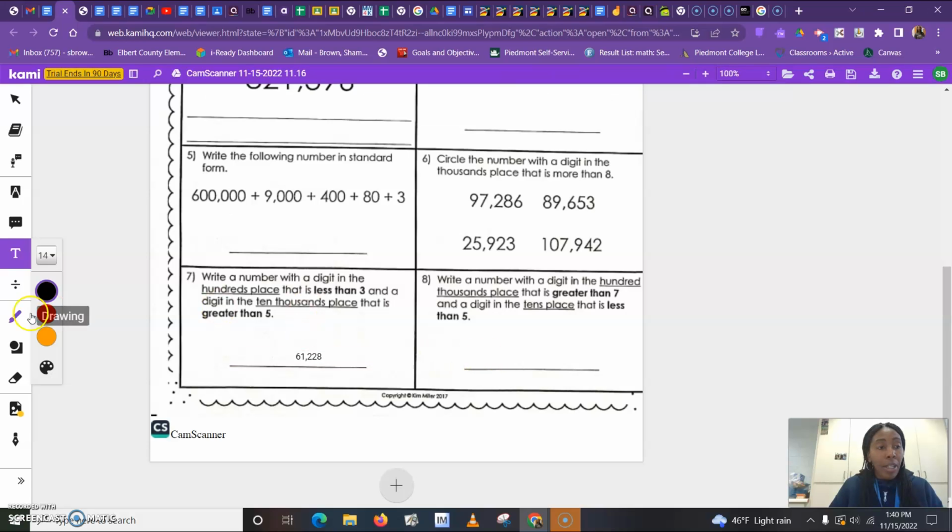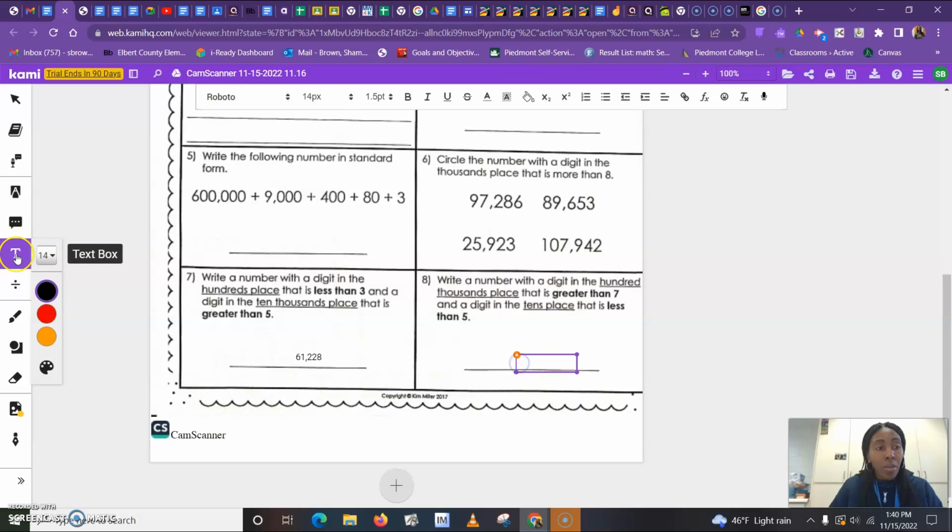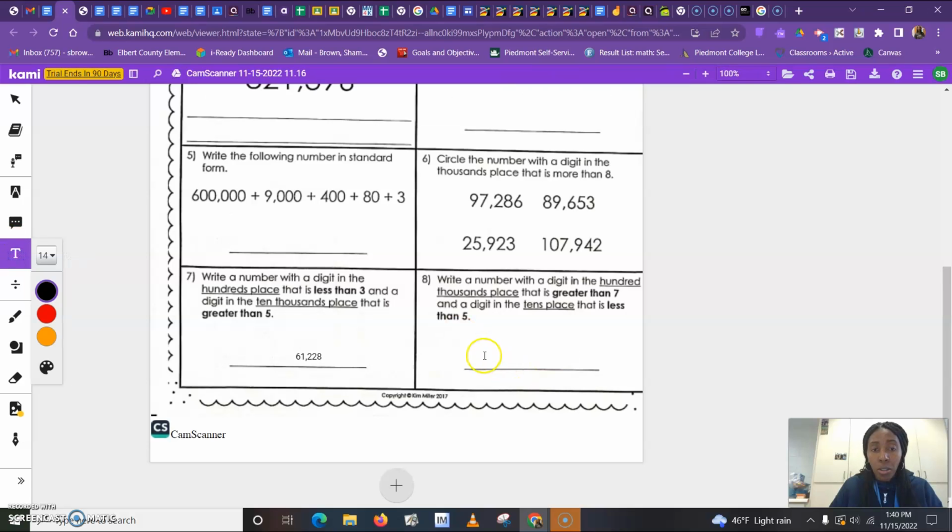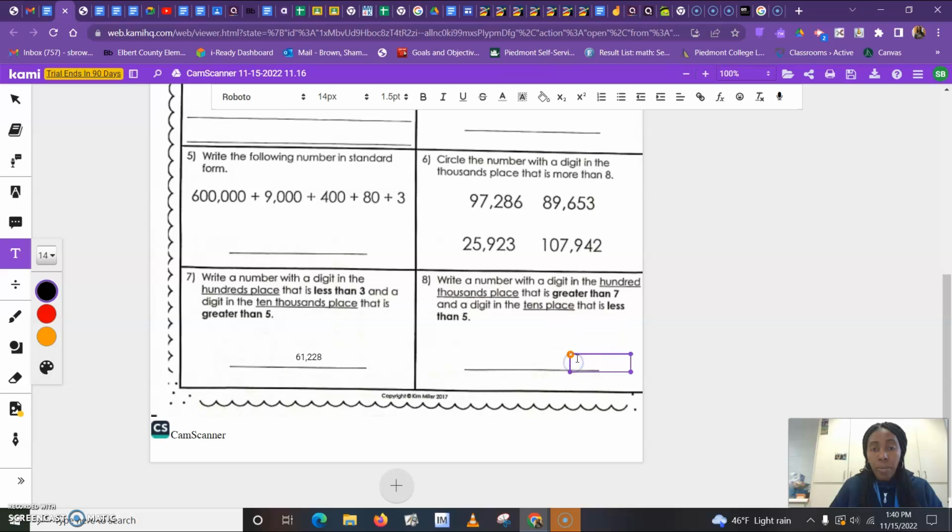So if I did that, I could make up a number. So if I want to say, I'm just going to put some random numbers first. 100,000s place, so I know I have to have a 100,000s number. Okay, so 100,000s place needs to have a digit that's greater than 7.